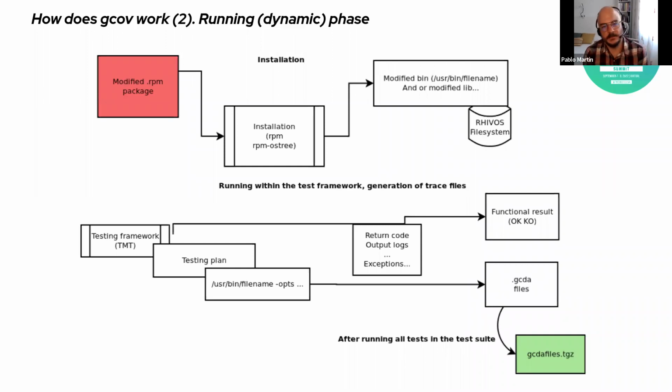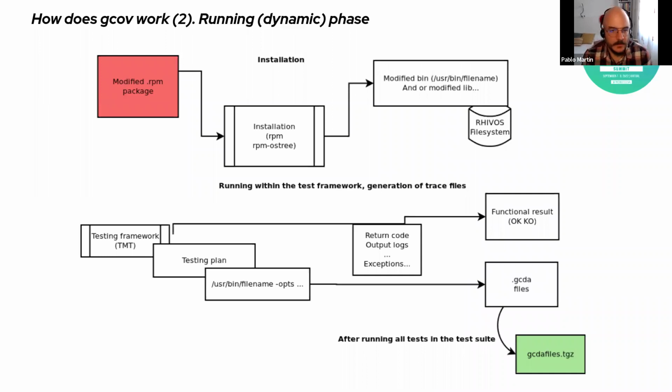On top, there is the machine that will perform the tests, and it gets the modified RPM package. Installation happens with rpm-ostree, which is a different approach than on regular Red Hat.